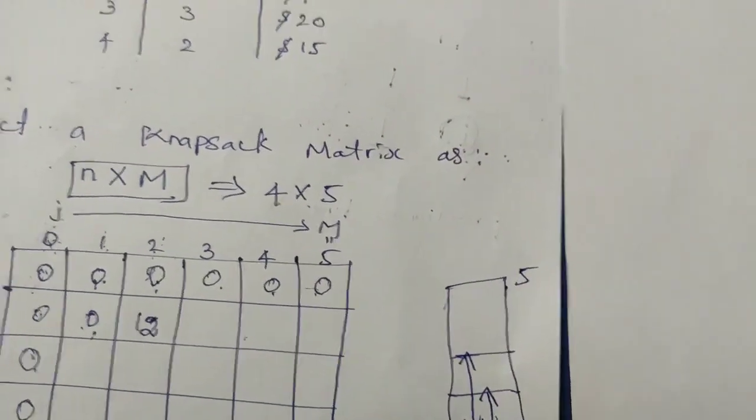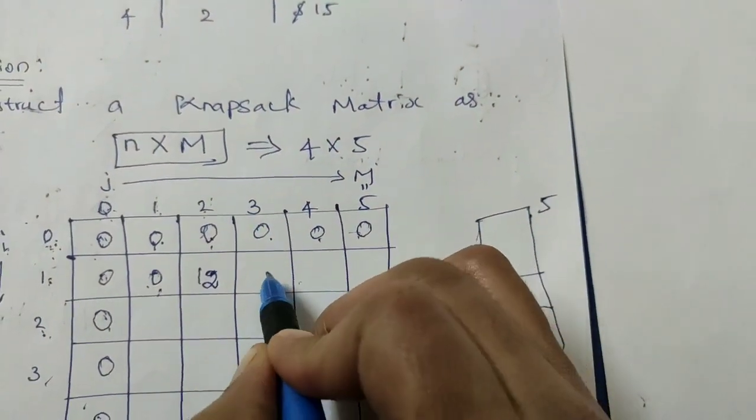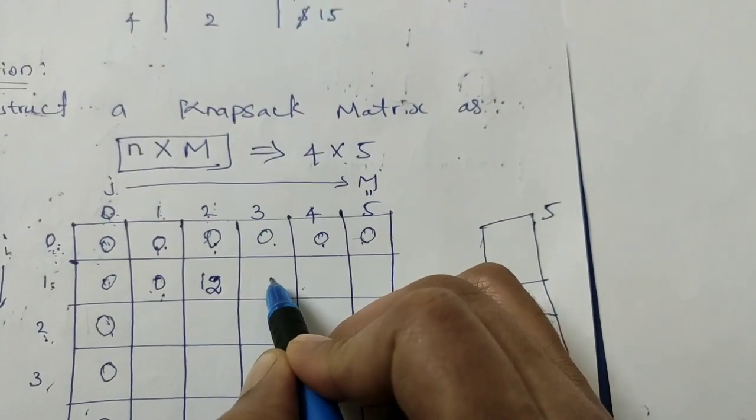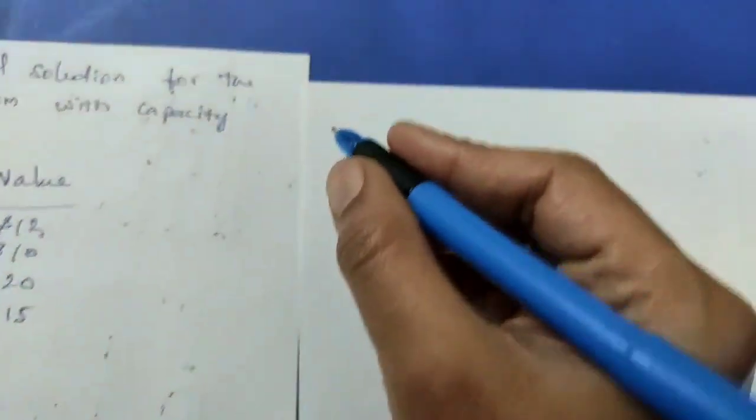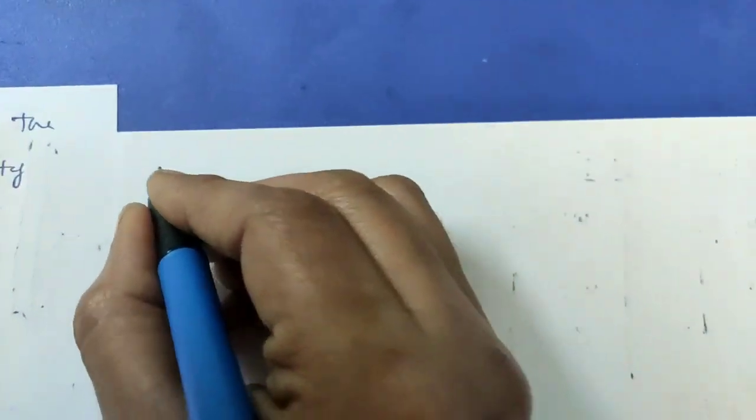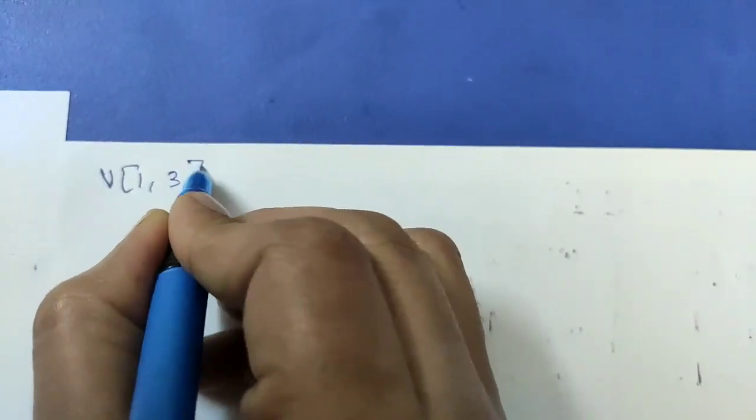So what is the next location to find? This is the next location, 1, 3. 1, 3 is the next location to find. So let us go for finding the next location. V of 1, 3 is the next location. So you have to select which formula to apply.